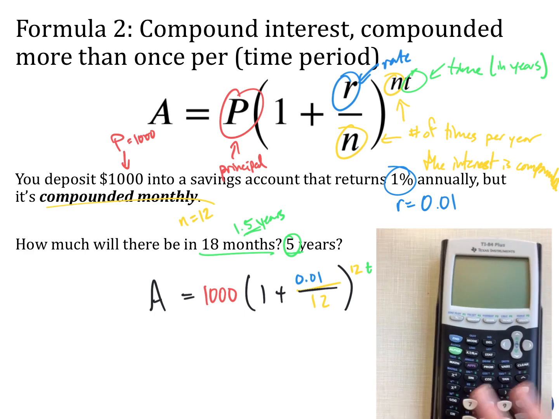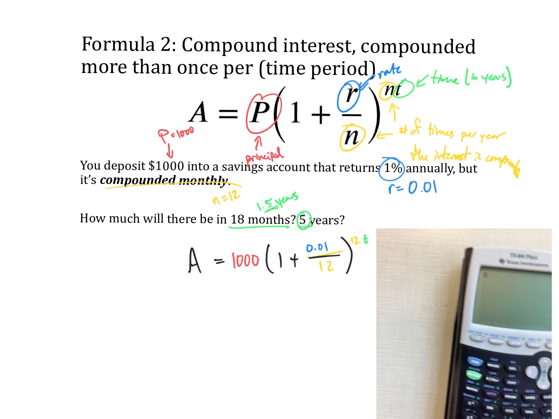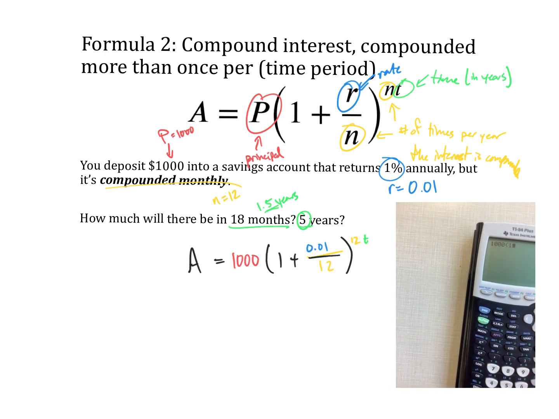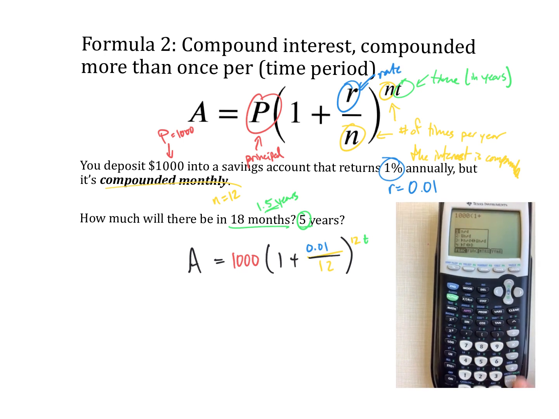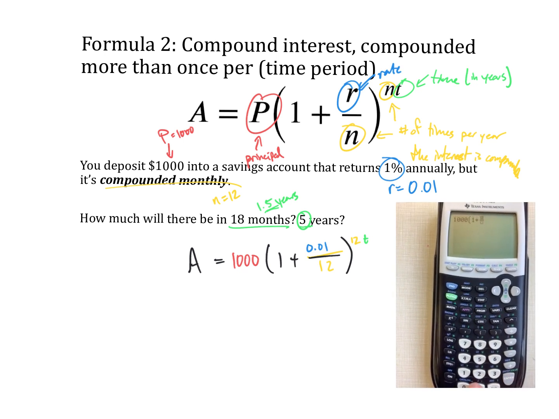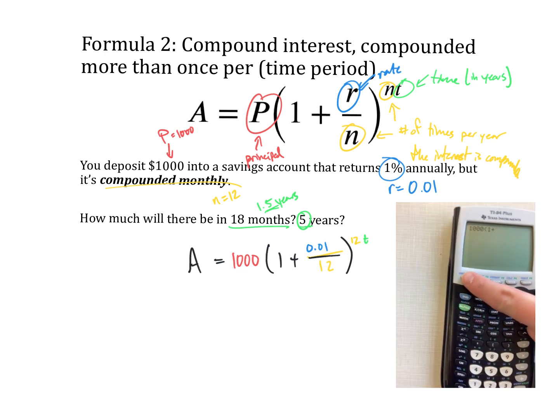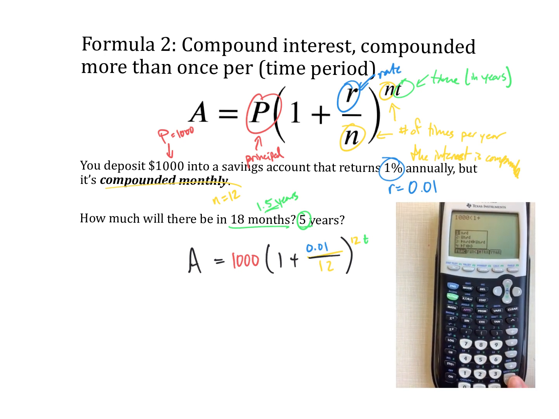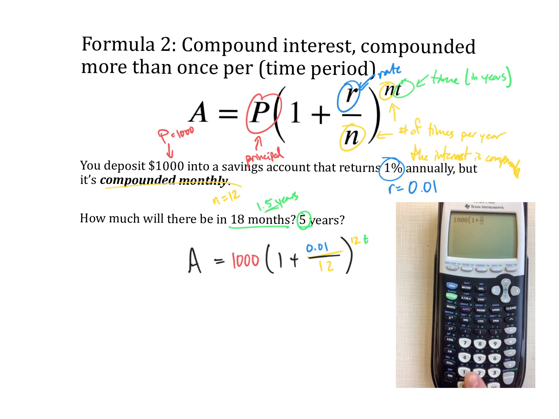Okay, so to do this in your calculator, I have to zoom out a little bit so that you can see it a little better. And I guess I kind of cut off the first part here, but we're going to type in that same 1,000 times 1 plus. This is the tricky thing here. I'm going to go back a second. I'm going to press this green button alpha and then the y equals button to get a fraction and then hit enter.